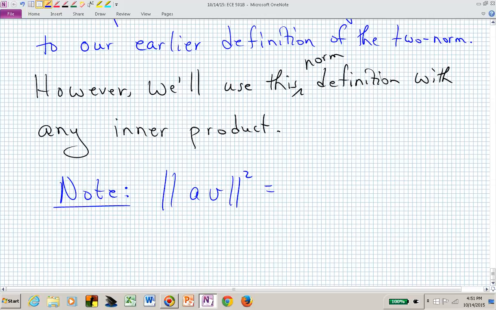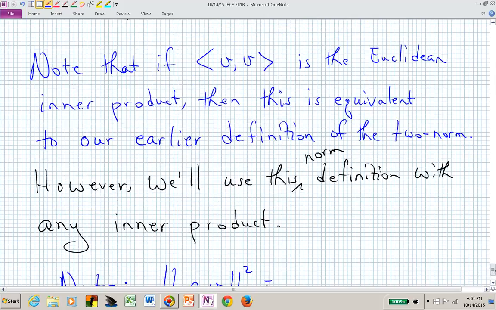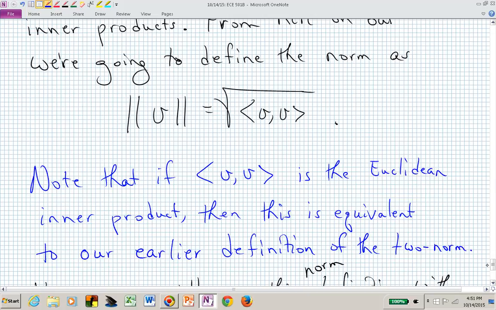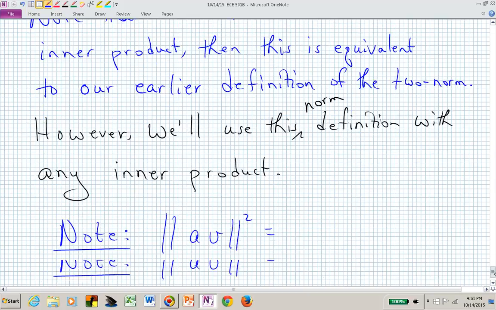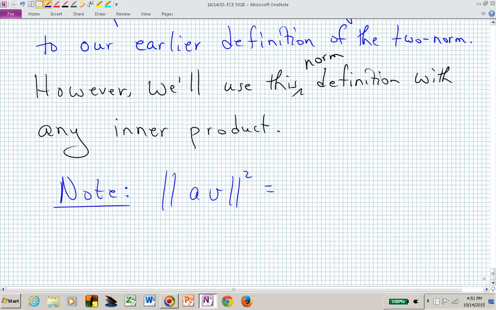Now we've scaled our vector by a scalar A, and we're looking at the norm squared. If we go back here, the norm squared is just the inner product. And now, what do we have in this? We have AV in the first slot and AV in the second slot.